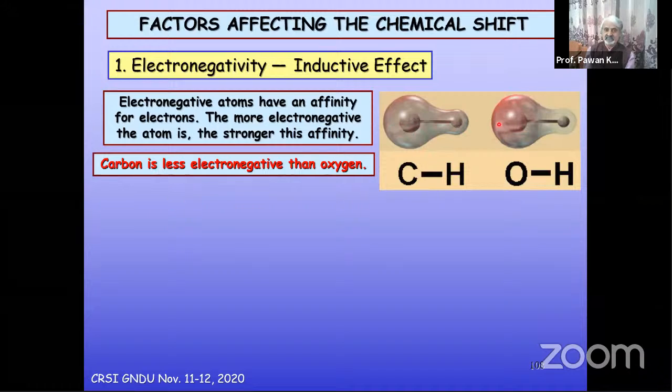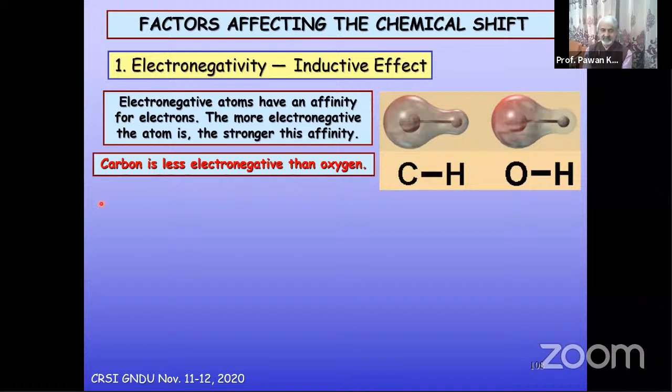The redness shows that the electrons have been pulled away from the hydrogen towards the oxygen. So there is more electron density on the hydrogen attached to carbon as compared to the hydrogen attached to oxygen.